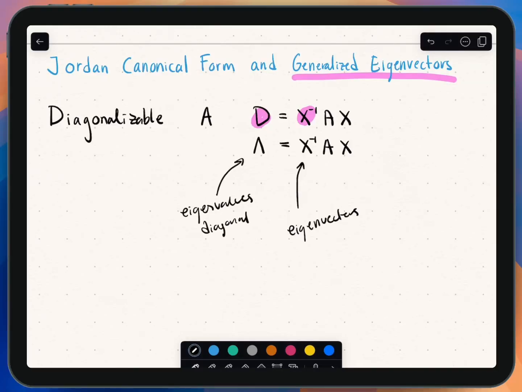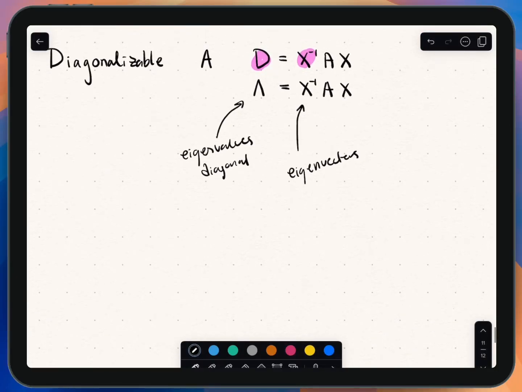And we said that this is all great, and we can use this in a lot of different scenarios, because from here, we can re-express A as X lambda X inverse. That's what I did here: I multiplied by X on the left, and then X inverse on the right, and then we get A by itself. And then we saw that, for example, A to the n is just going to be X lambda to the n X inverse.